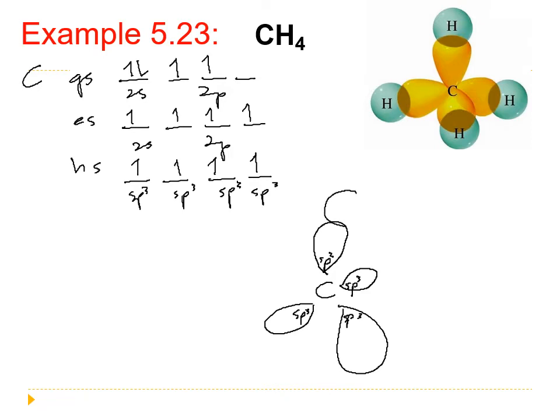And it will form covalent bonding with hydrogen. So let's label all the 4 bonding pairs that will make up the sigma bonds. So this is the tetrahedral shape of CH4.